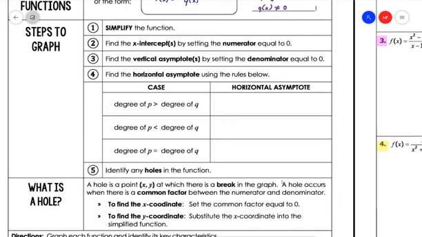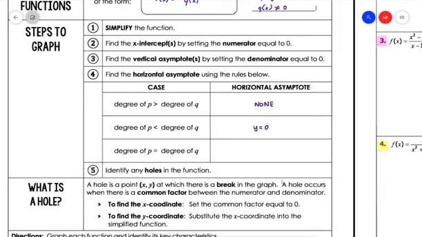If the exponent on p is greater than the exponent on q, then we do not have a horizontal asymptote. If the degree of p is less than the degree of q, so if the bottom exponent is greater, then we have a horizontal asymptote at y equals 0.